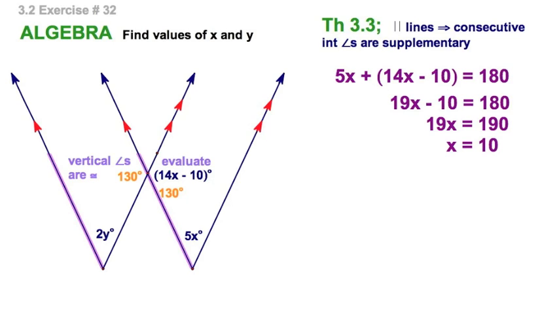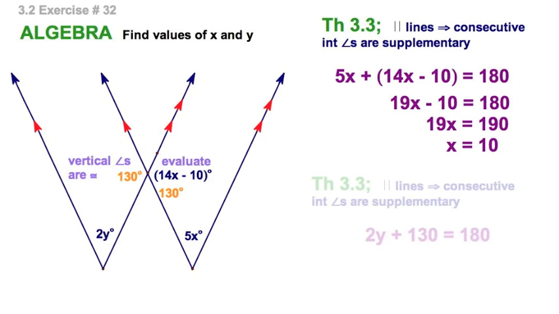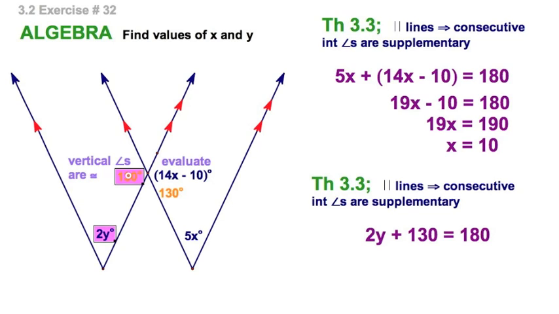These two, and this transversal, these two are going to be my consecutive interior angles. So there you go. Let's write it out there. I'm going to take this angle and this angle, add them together, set them equal to 180, and you know the rest. Just algebra. So 10 and 25 for x and y respectively.